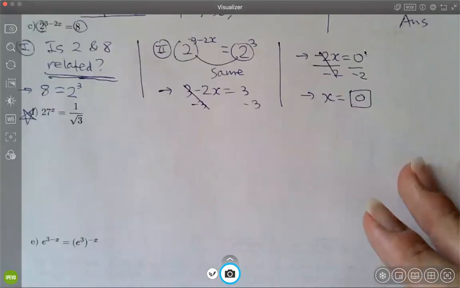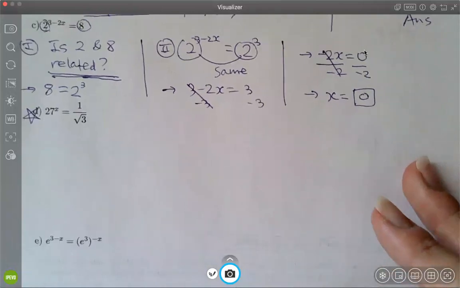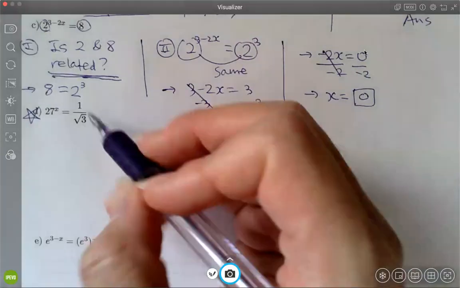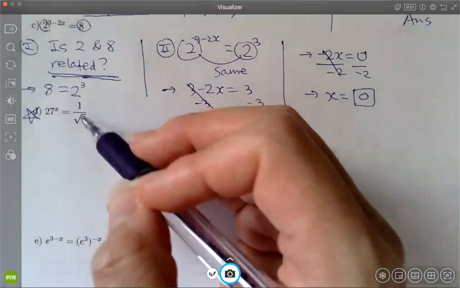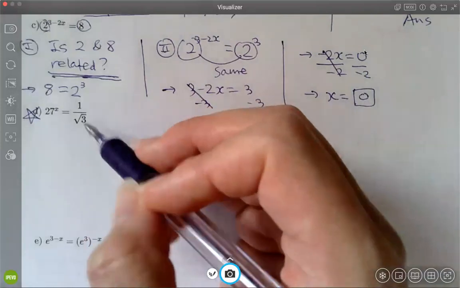Okay. So now here, the two numbers that we have are 27 and 1 over square root of 3. Now, let's focus on this 1 over square root of 3. So even though we have a fraction here, the thing that we especially focus on is square root of 3.